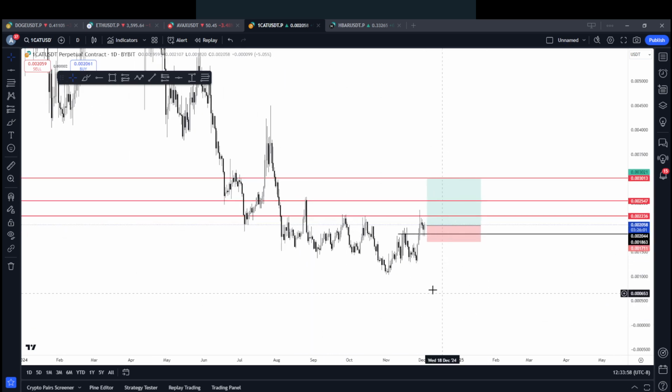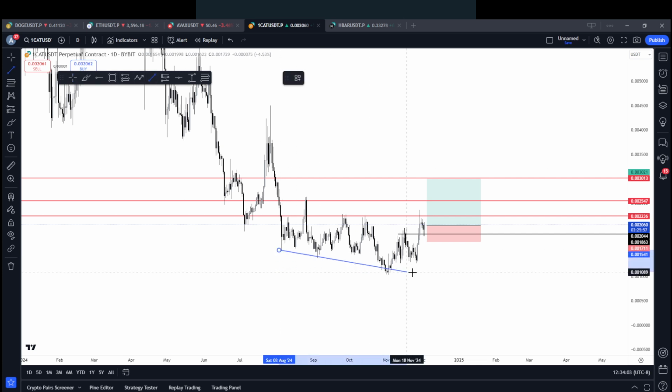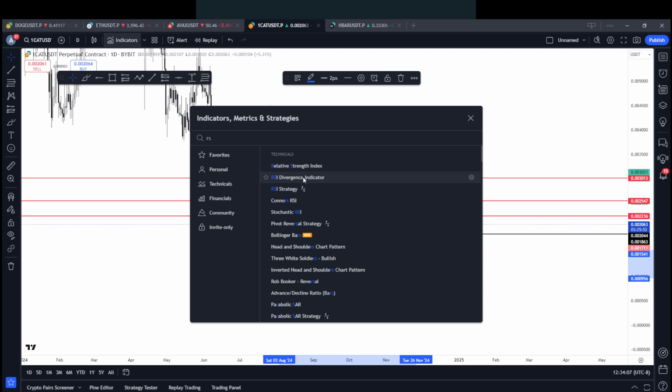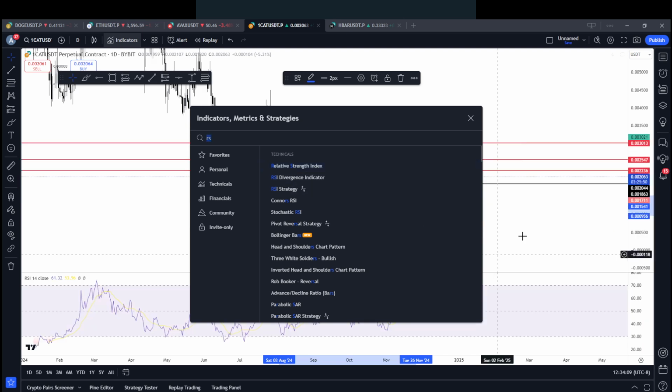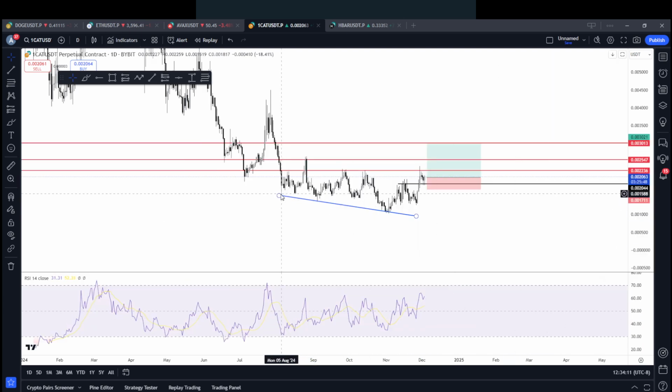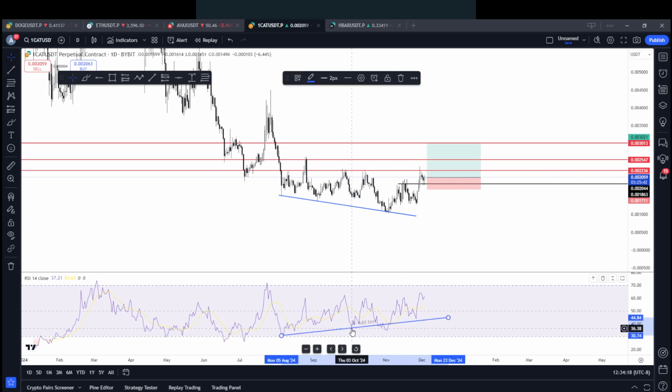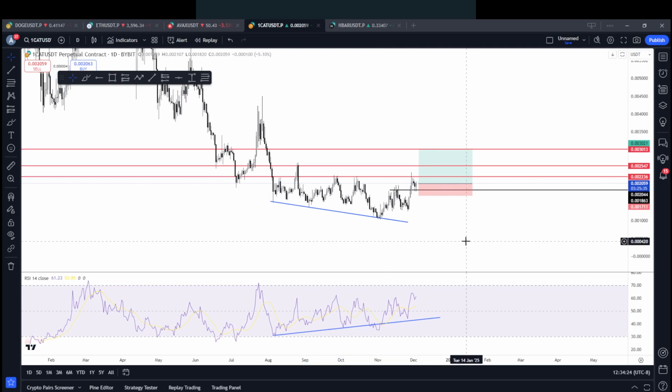You probably have a bullish divergence forming as well. Or it formed. Not a strong one, but price was making higher lows, this one didn't. So a bullish divergence formed, and then it's continuing up.